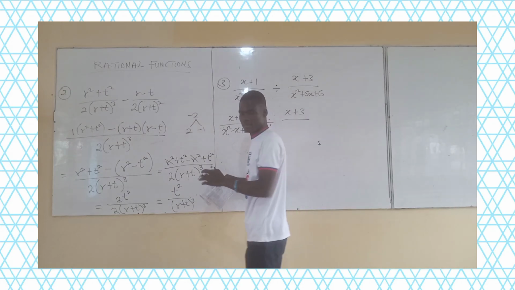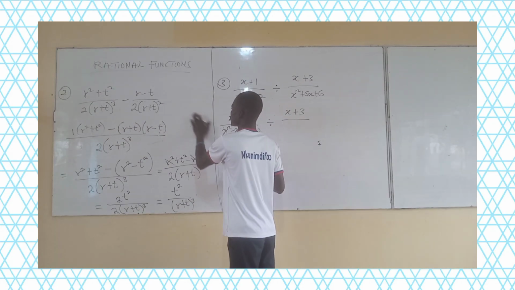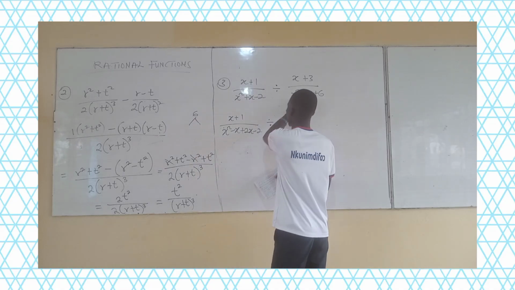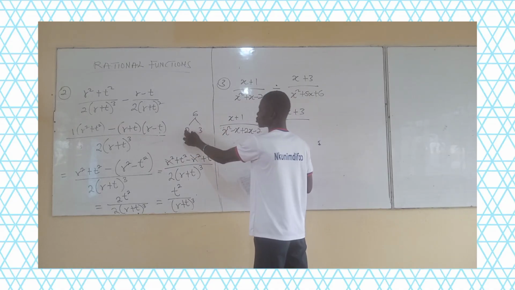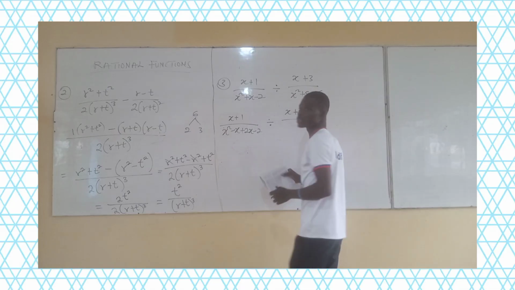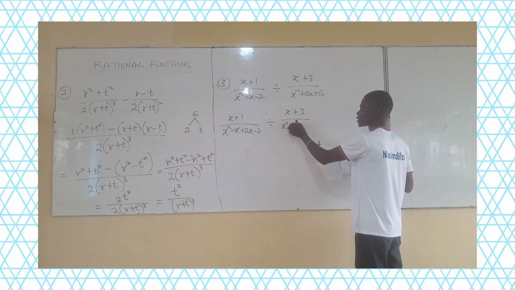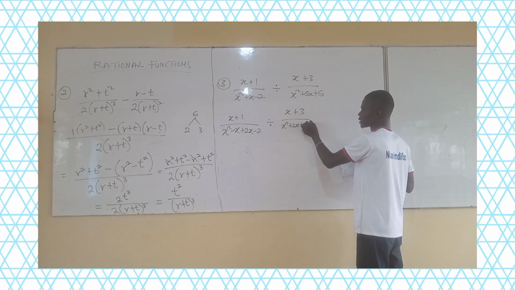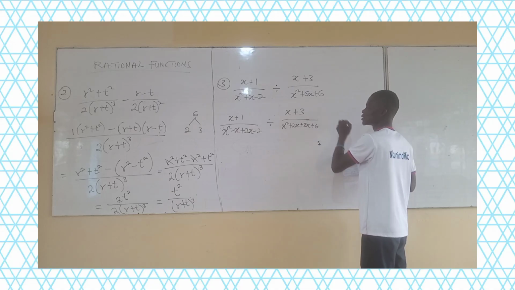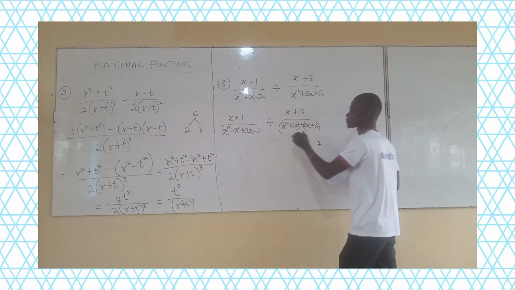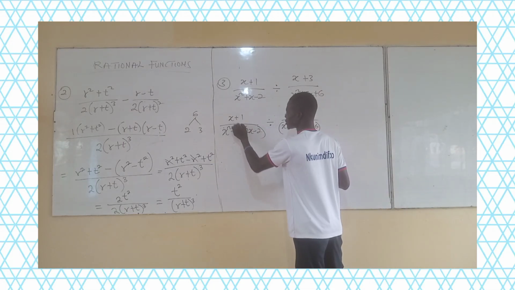So now let's look at the factors. The factors of 6 that will add up to 5, that's 2 and 3. 2 times 3 is 6, 2 plus 3 is what? 5. So we're going to get x squared plus 2x plus 3x plus 6. So from here you can group them 2, 2 like this, 2, 2 like this.